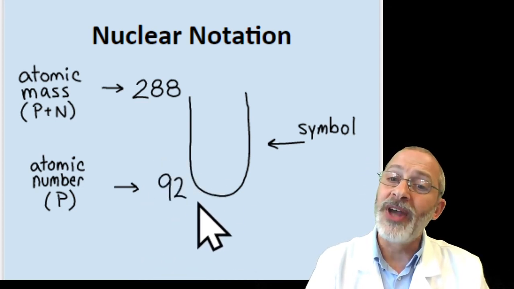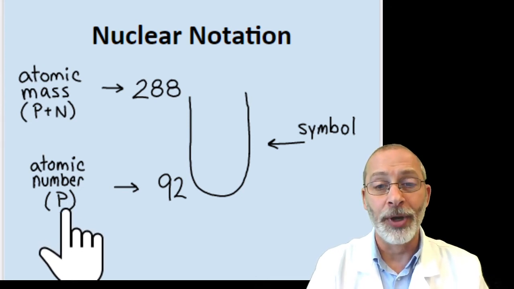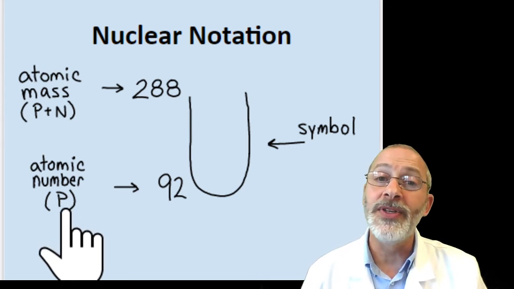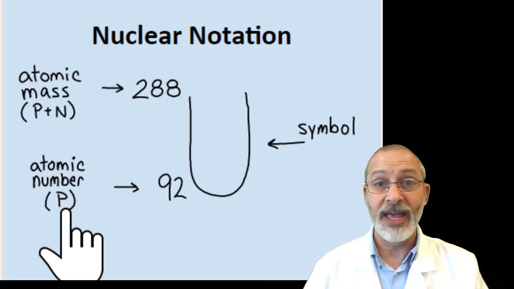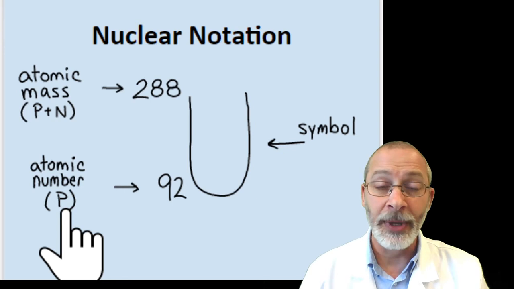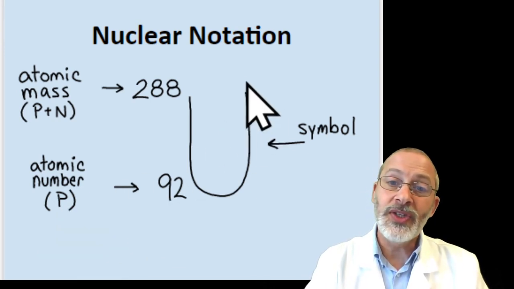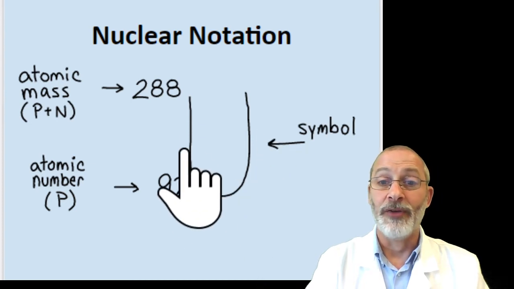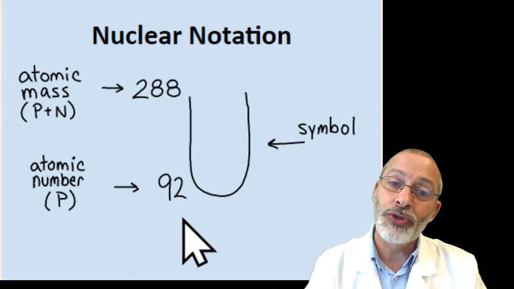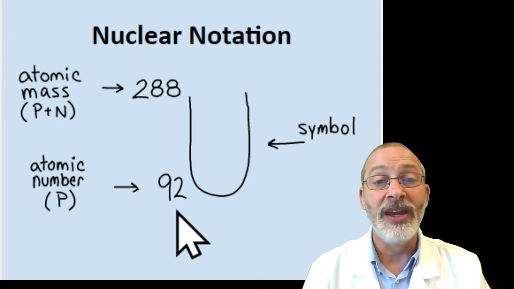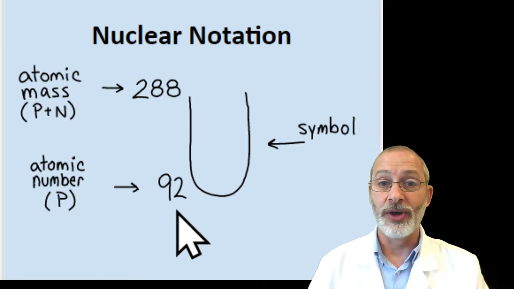The subscript on the left is the atomic number, and the atomic number is equal to the number of protons. That hasn't changed. So when you see a symbol of a radioactive element and you see a subscript to the lower left, that number is the atomic number and it tells you how many protons there are.